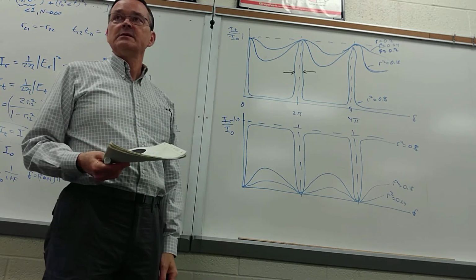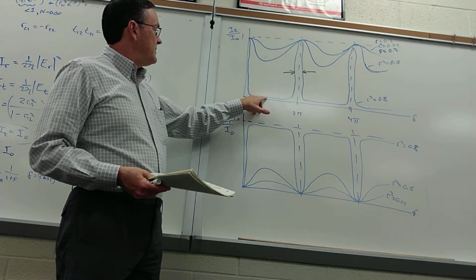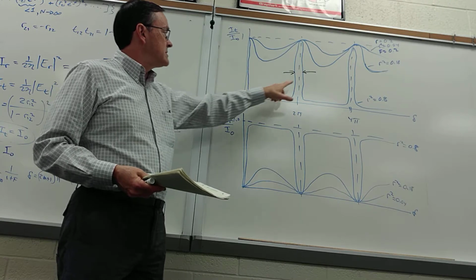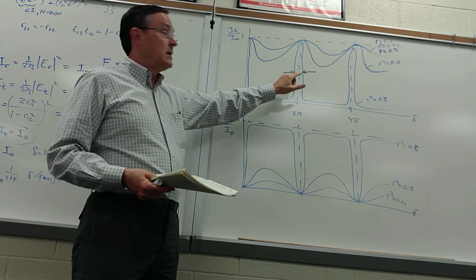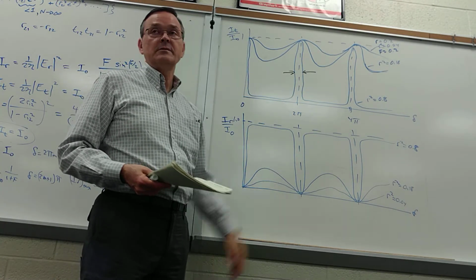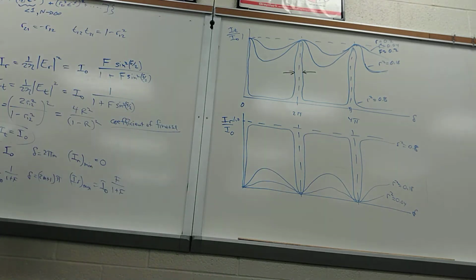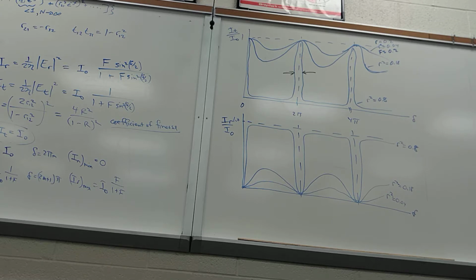But if R is decently large, then I'll have very little light everywhere except in the fringes, and the fringe width is determined by R squared. If R squared is 1, I have a perfect mirror for each surface, and I'll get all the light reflected at the first surface. It'll never make it into the etalon.